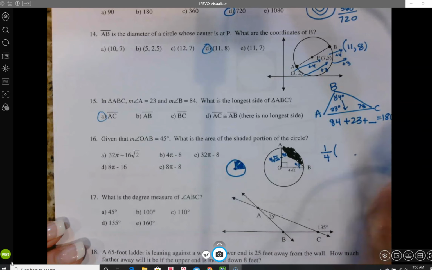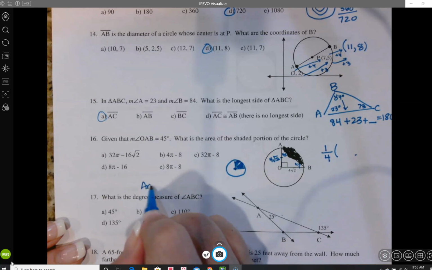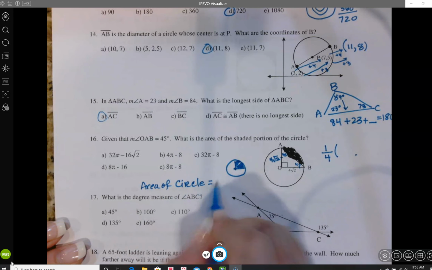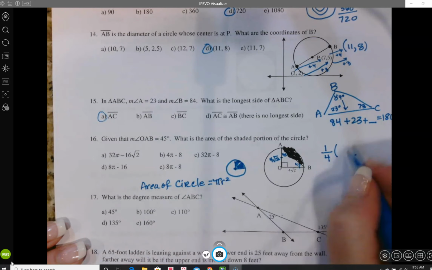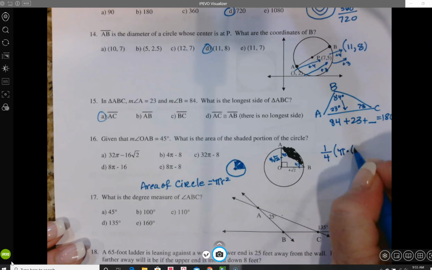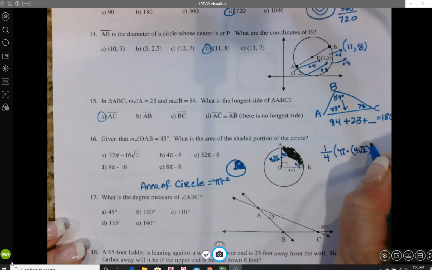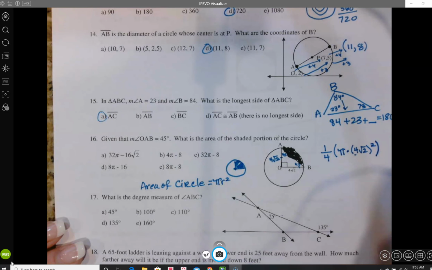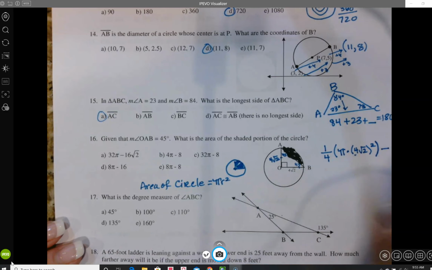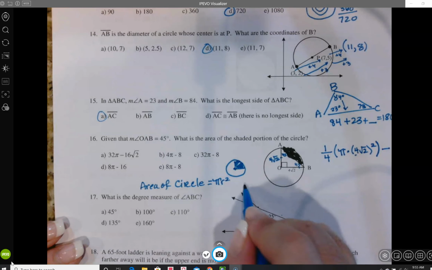So area of a circle has a formula, and that's pi r squared. So I'm going to take pi times that radius squared. So this is going to give me the area of this whole wedge, and then I'm going to subtract off the area of the triangle.